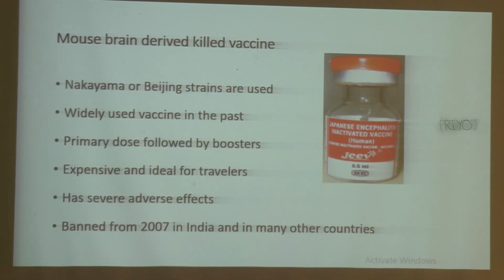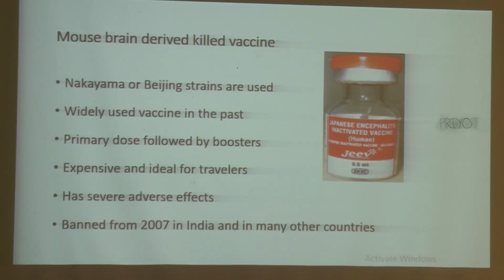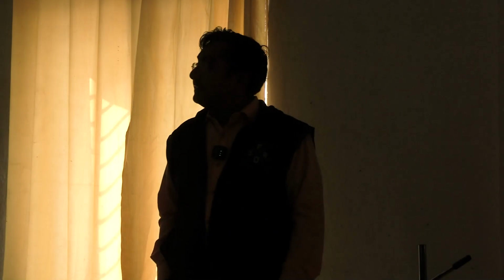It was first introduced and was widely used in the past. There was a primary dose followed by boosters in 6 months. It was expensive and ideal for travelers visiting JE affected areas. It has severe adverse effects. It was banned from 2007 in India and in many other countries.